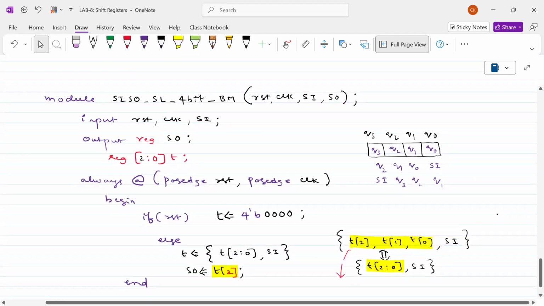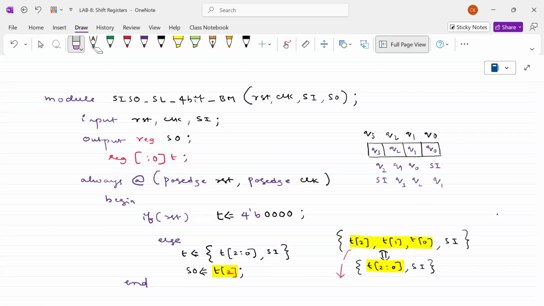So this is what we normally write. 3 down to 0, because that tells us that the 4 flip-flops have 4 outputs. T is equal to 3 down to 0 stands for: we have 4 flip-flops having 4 outputs. 4 inputs, 4 outputs we have got here.